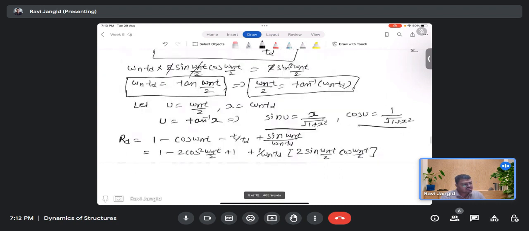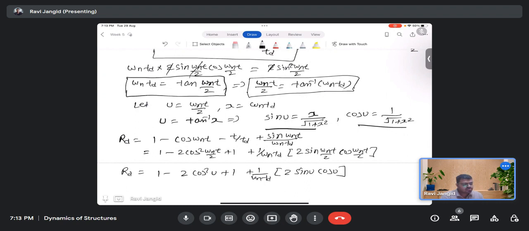Now I can put the sin and cos values: 1 minus 2 cos square u plus 1, plus 1 upon omega n td into 2 sin u cos u.